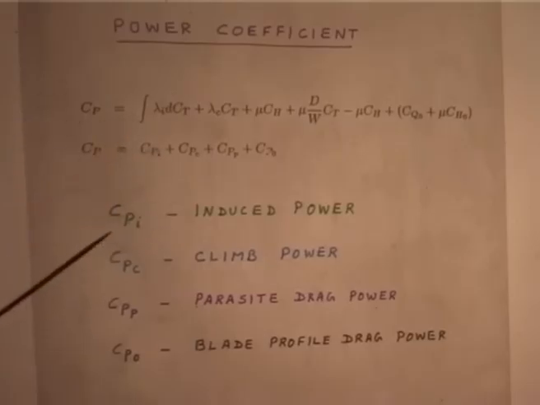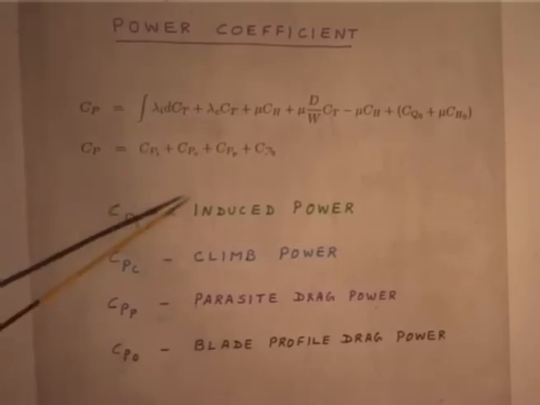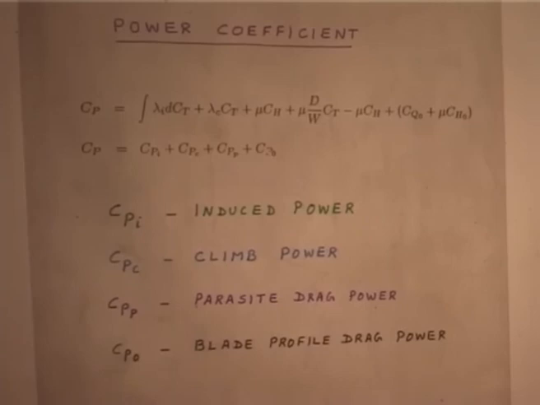The power is split into 4 sub components of the main rotor only. One of them we call CPI, which is induced power. Induced power is basically what you need to lift the helicopter, it supports the weight of the helicopter.